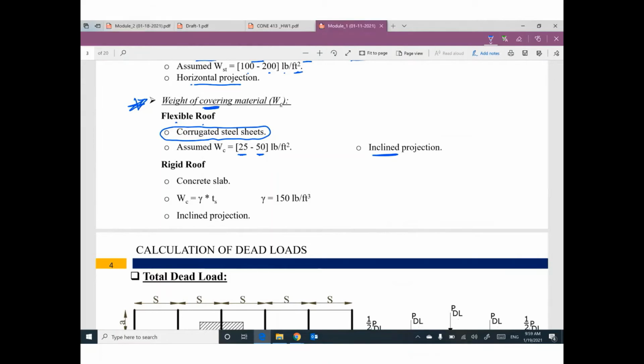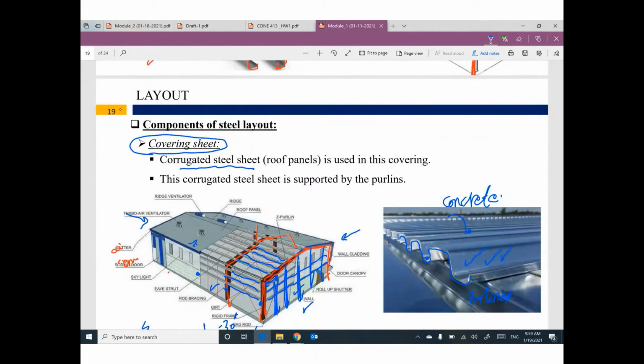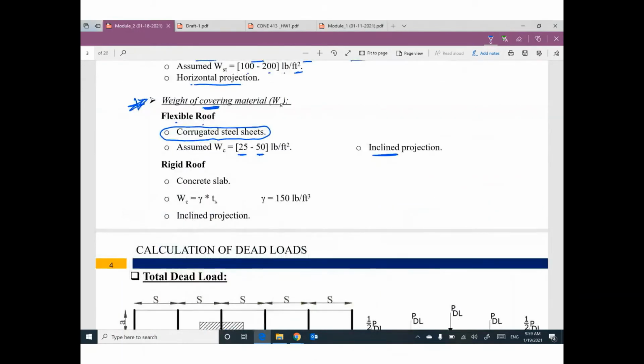Sometimes this corrugated sheet is filled with concrete. So we can consider this roof as a rigid roof, filled with concrete slab. At this time, the weight of the concrete slab equals gamma times thickness.